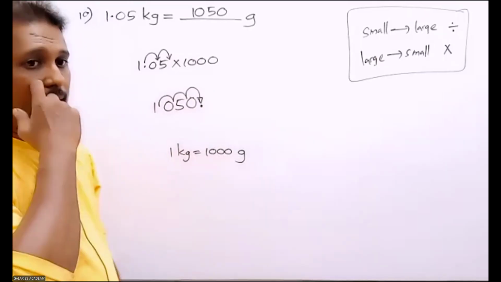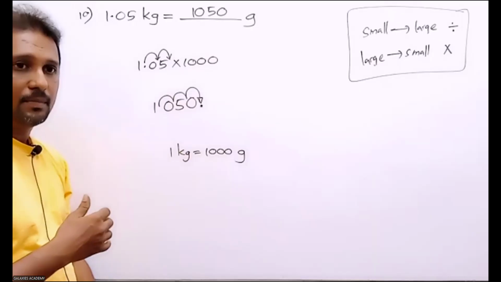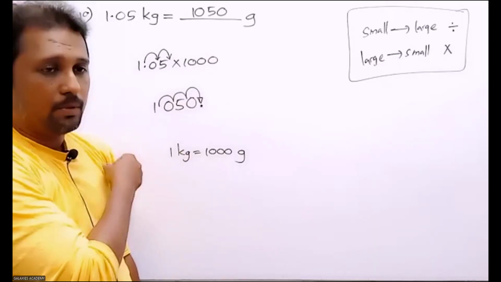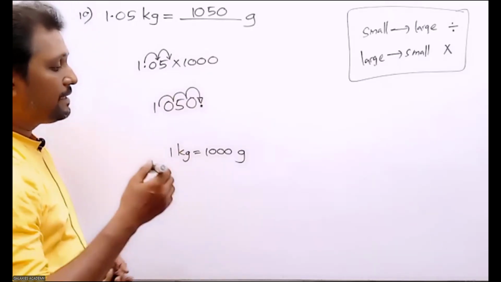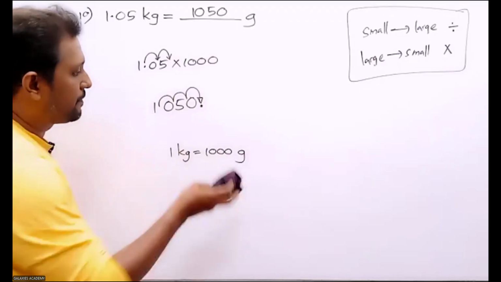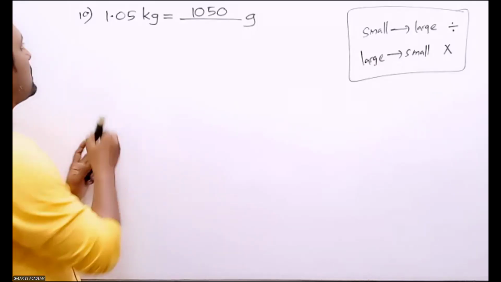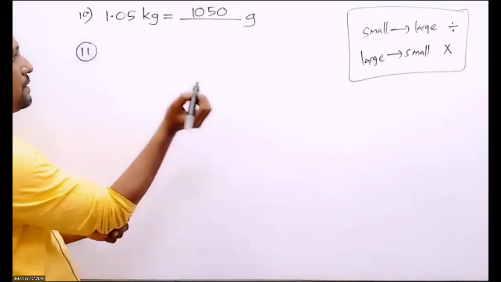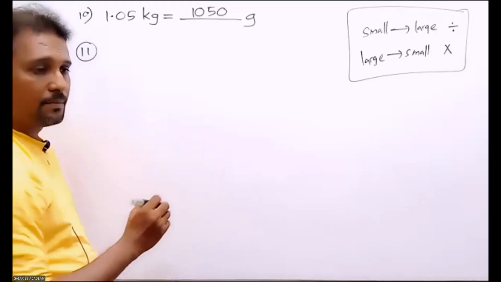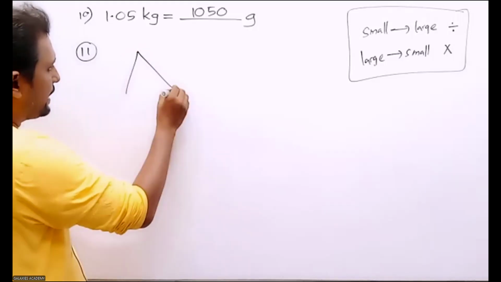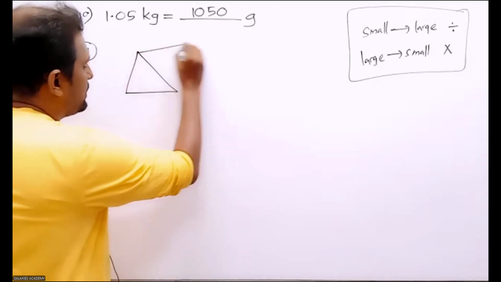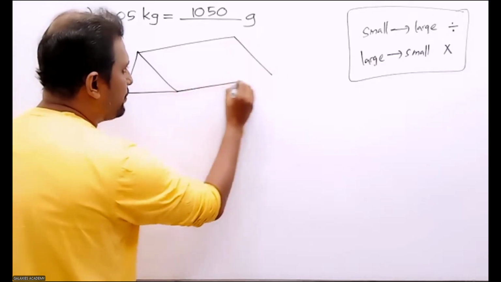These are the solids studied. Then in this question given, the triangular prism. You know the shape of the triangular prism. This is the shape of a triangular prism, right?